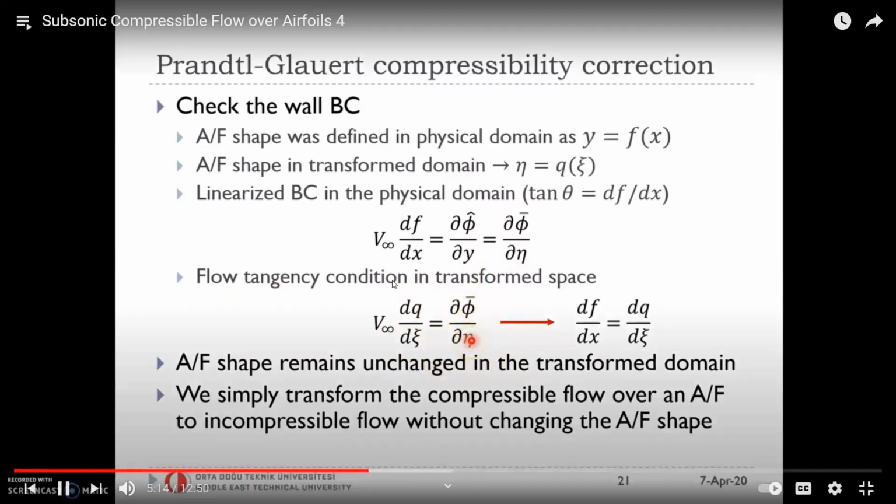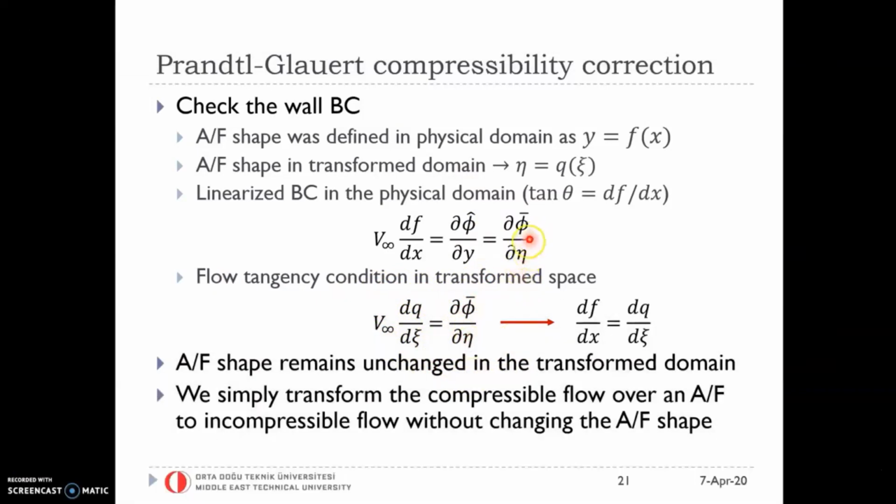So both of these terms are equal to each other, which also means df(x) over dx equals dq over dxi. This means that we have the same flow tangency condition in both the physical domain and the transform domain, which means the airfoil shape remains unchanged in the transform domain.